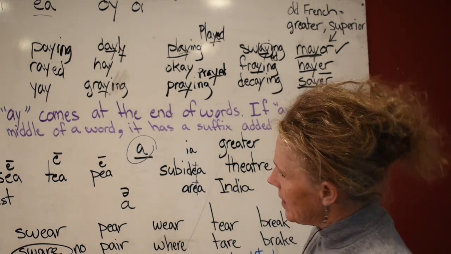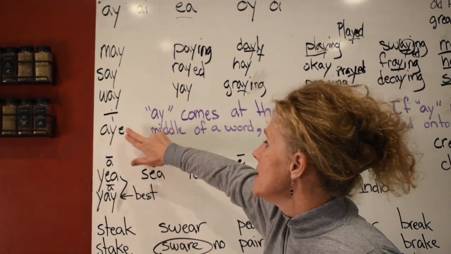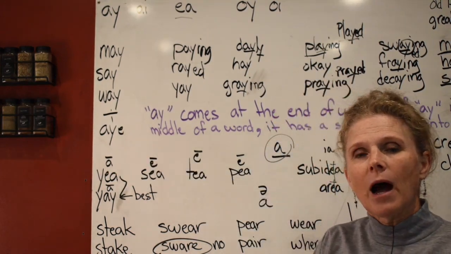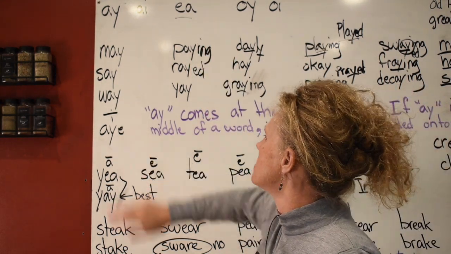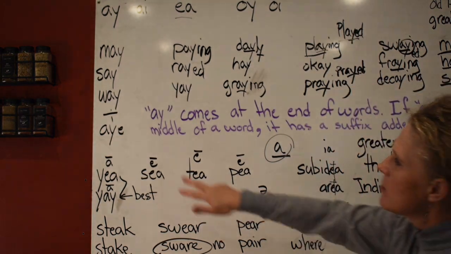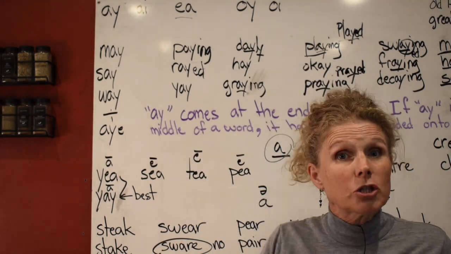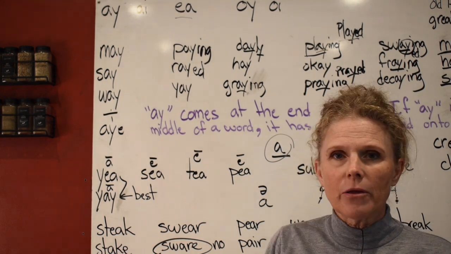Now, the AYE, this is unusual. Very seldom do you see a word like this. But this says I. I means you're agreeing with somebody. And we don't really use this word all of the time unless you are in a certain profession or in a certain area that you live.